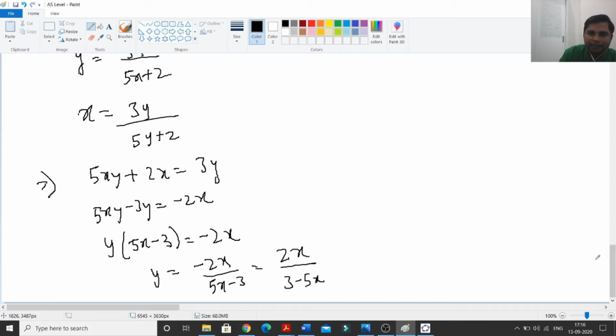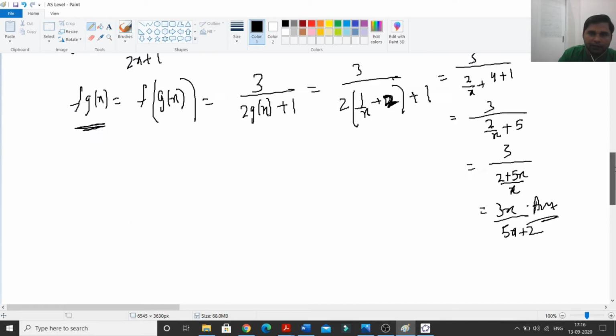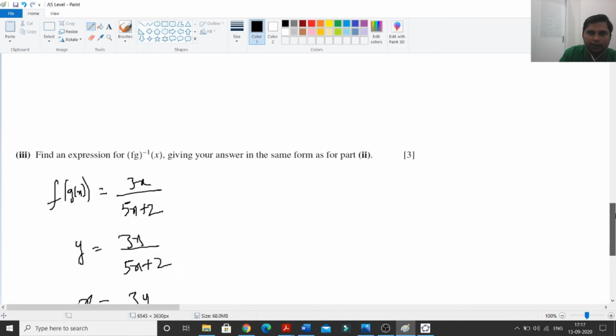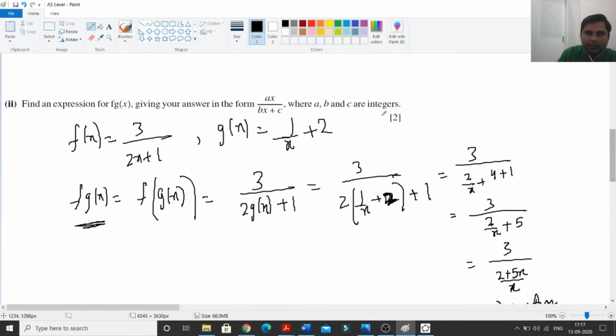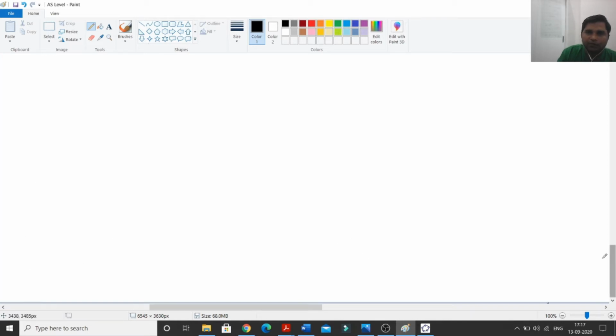To write the answer in the form given in part 2, you can leave the answer here as well because that's also satisfied. Both are the answer. So that's done. Now let's move to the next question.